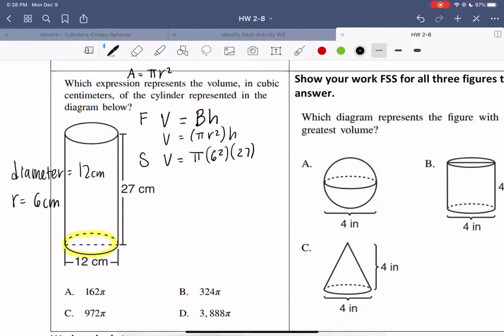From there, you should be able to solve. You'll want to square this, so 6 times 6 is 36, times 27, times pi. You're going to want to leave your answer in terms of pi. If you see here, they've left pi in all their answers to keep it cleaner.